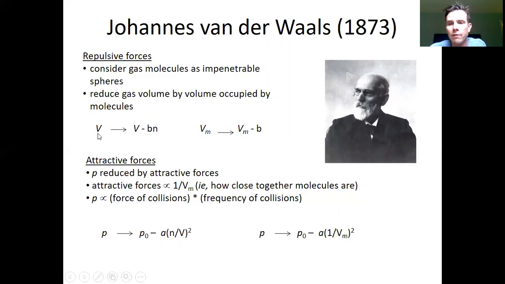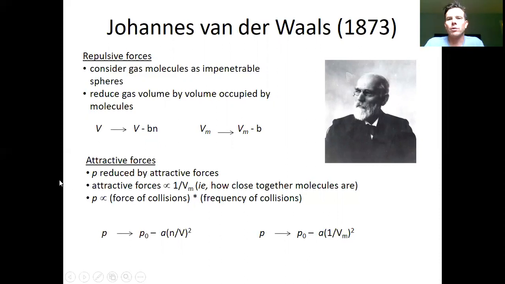So I'm going to take V, the volume of the gas, and I'm going to modify it by this parameter b. Right? b is effectively the volume that one molecule would take up, right? This is on a per molecule basis. This is on a molar basis. But this b parameter is describing the volume of molecules and is used to describe repulsive forces.